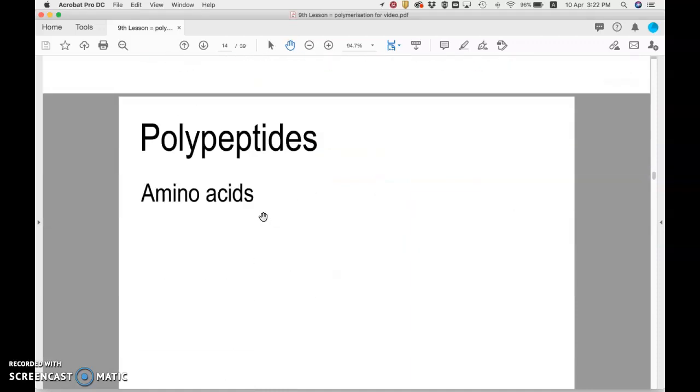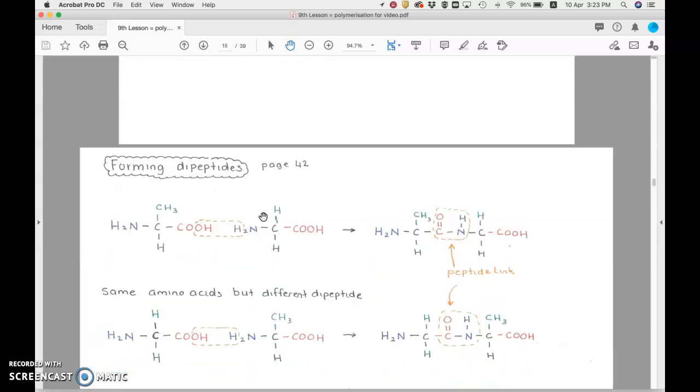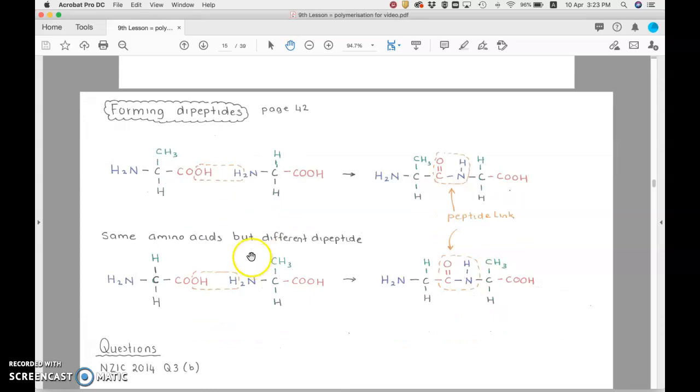Finally, polypeptides. This relates back to the formation of a dipeptide. The process is identical. The OH group of the carboxylic acid of your amino acid and an H of the amine forming your amide link, and then it would go further and repeat itself with another amine at both ends, and you'd get a long continuous chain, which we call a polypeptide.